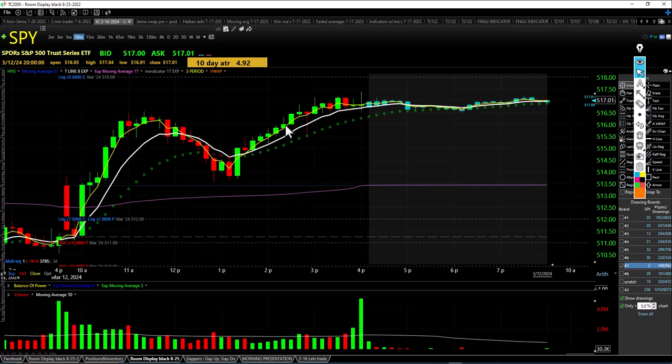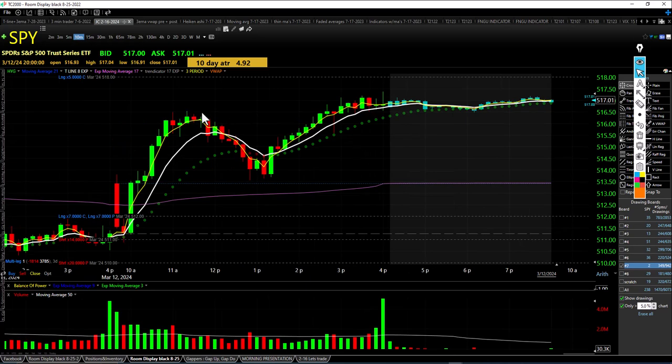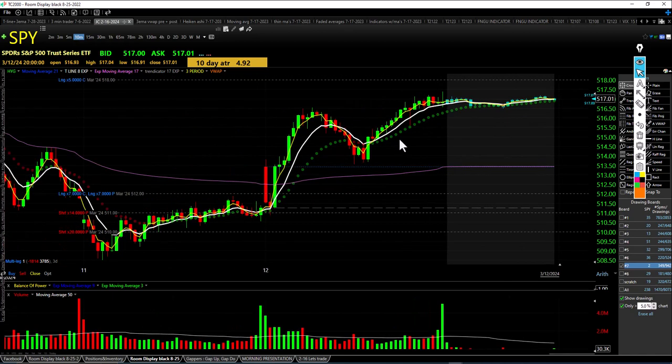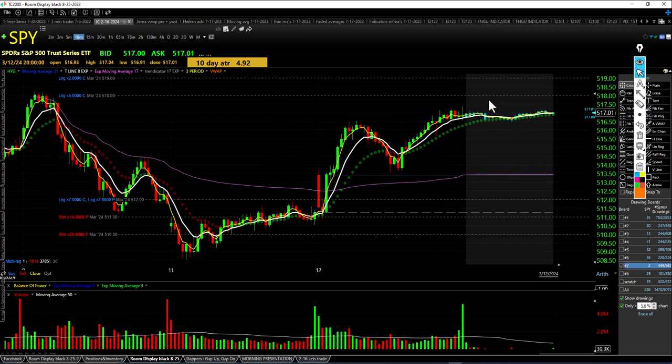So making that higher high, consolidating on top of that, gave me courage to hold my long positions up there. So we'll see what happens. Right now we're just in the post market. Anything can happen tomorrow morning, but I think this continues up.